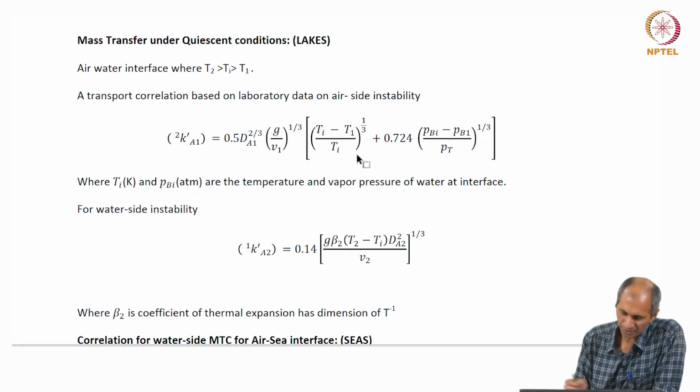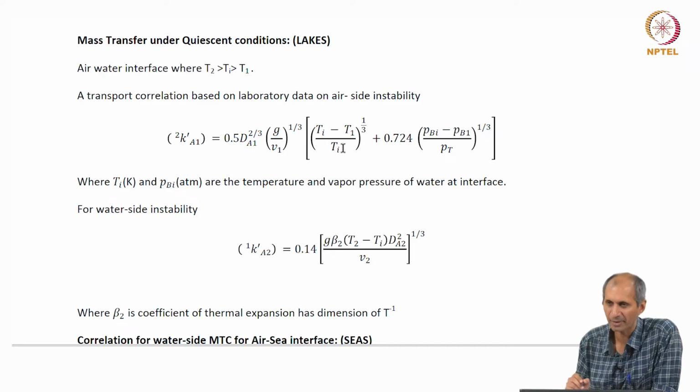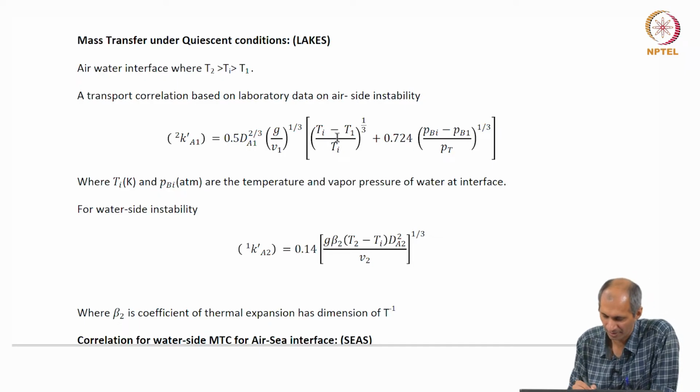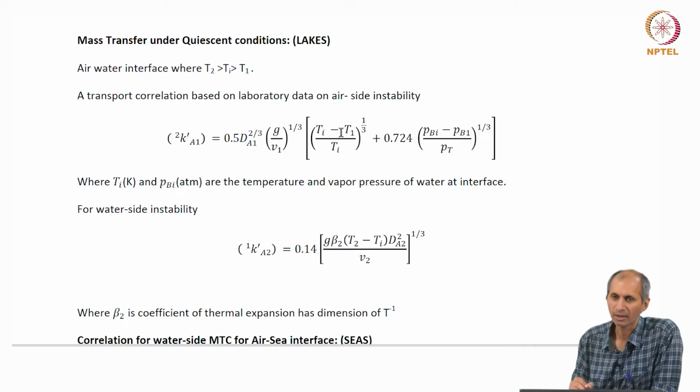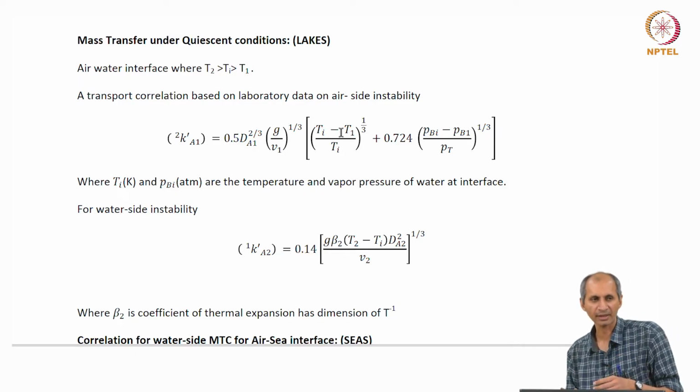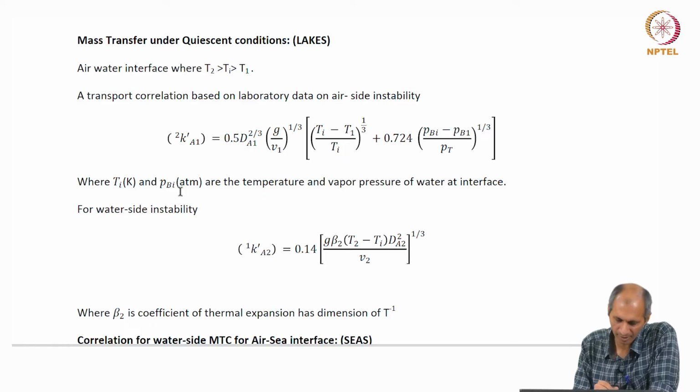So, here there is no velocity term. Since we have said quiescent conditions, the only convection now is because of temperature difference. You see that Ti and T1, there is a temperature gradient that exists in the system. Ti and T1 are the temperatures at the interface, the air water interface, where T2 is greater than Ti, which is greater than T1. There is a gradient, and this is the one which is causing movement.